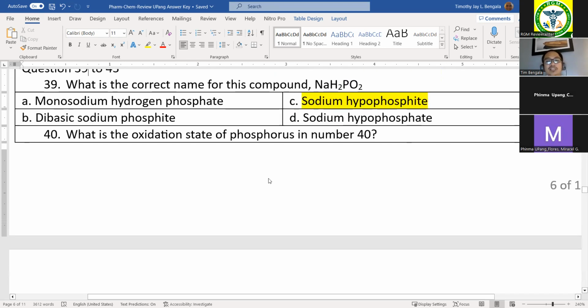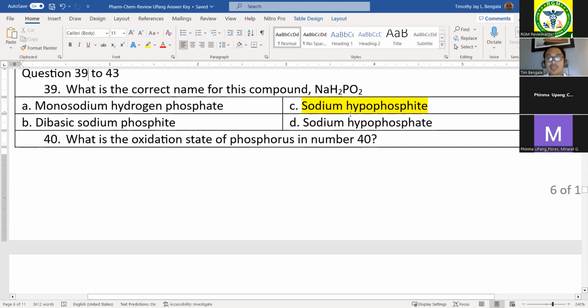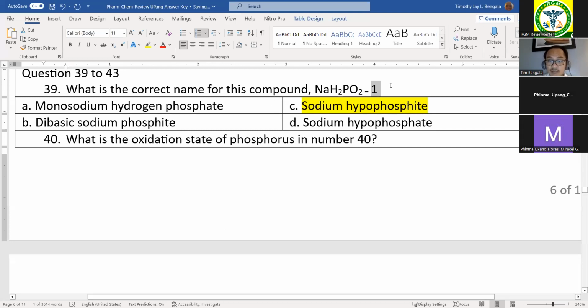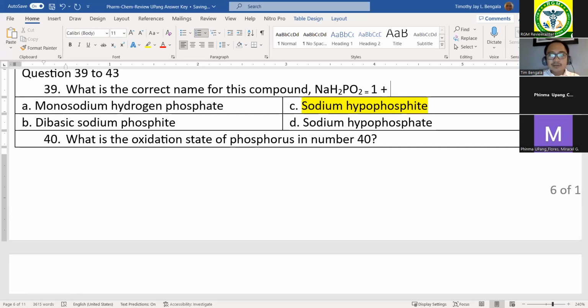So what is the oxidation state of phosphorus in number 20? If you compute for phosphorus, sodium would be plus 1.